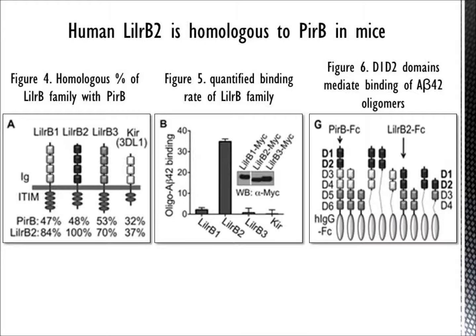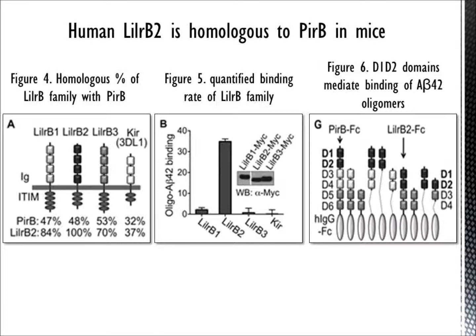Even though those 3 receptors are similar, Figure 5 shows that A-beta oligomer binds selectively to leukocyte B2. Also, leukocyte B2 proteins were detected in human brain from both Alzheimer's disease patients and non-AD adults, with no significant difference in levels. This suggests that leukocyte B2 may serve as a receptor for A-beta oligomers in human brain. In PIRB and leukocyte B2, A-beta oligomers appear to bind more to a particular N-terminal Ig domain, D1-D2.